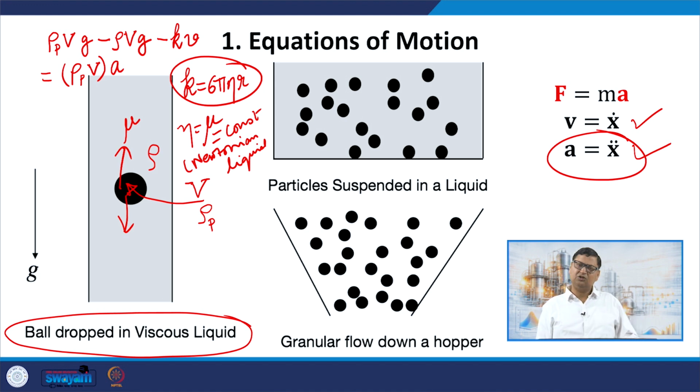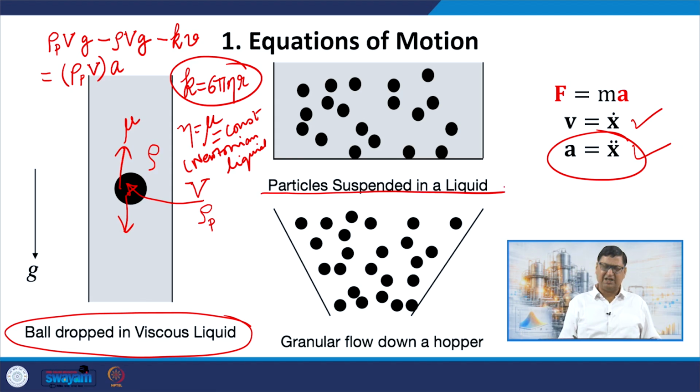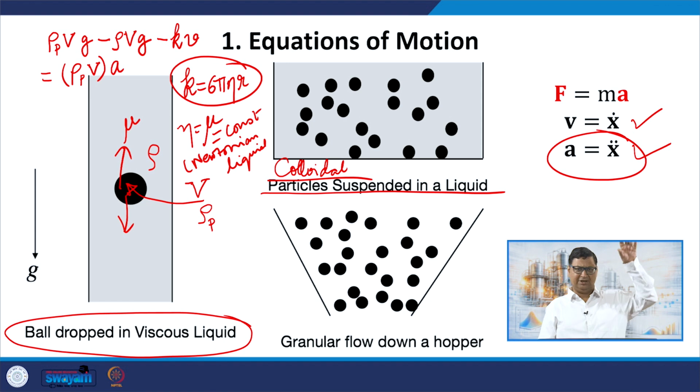So, this is how the equation of motion applies to this problem. Now, let us take another problem where I am looking at particles that are fairly small, like colloidal particles. If you think about milk, then milk is a kind of colloid. There are particles in the milk that give it the thickening effect that you see, and these colloidal particles are typically fairly small compared to the ball that is falling under gravity in the experiment I was telling you about.